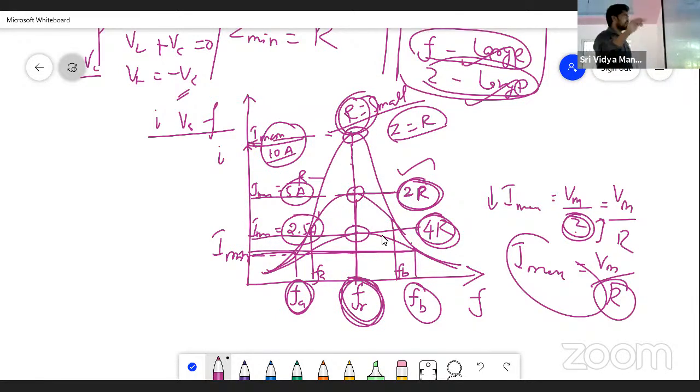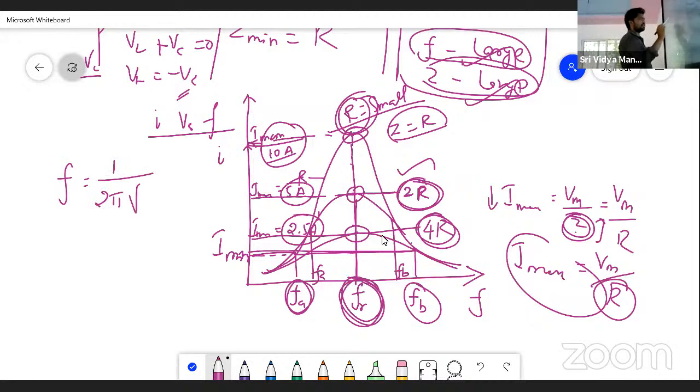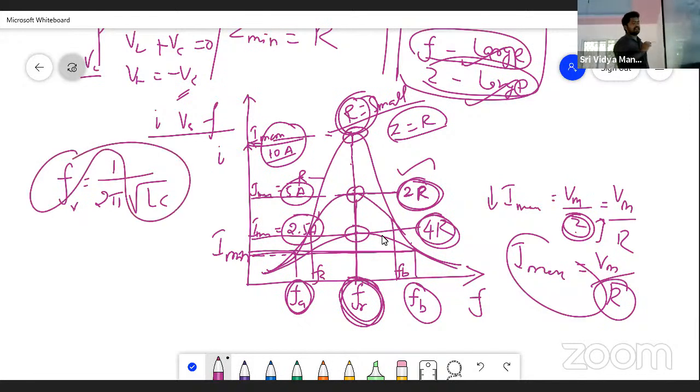So very important, another topic: F is equal to 1 divided by 2 pi square root of LC, the resonance frequency. The resonance frequency mainly depends on L value and C value. It is very important. Listen, most examinations ask questions like these.